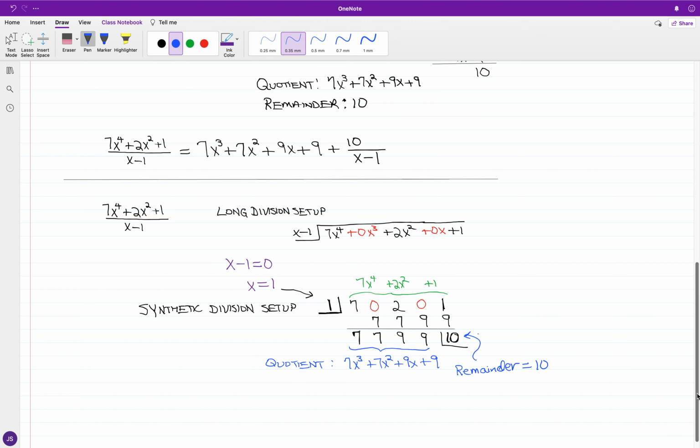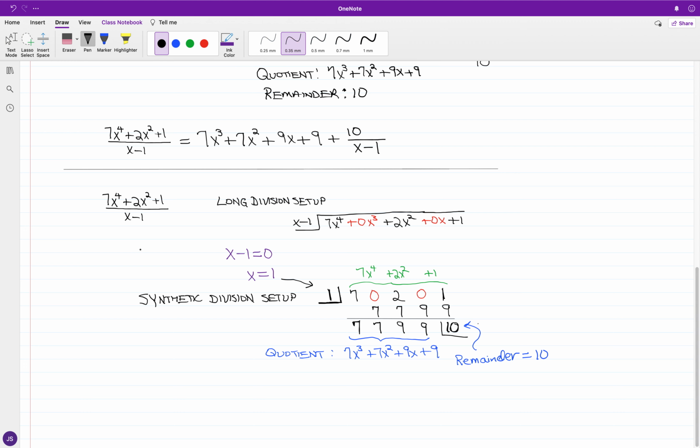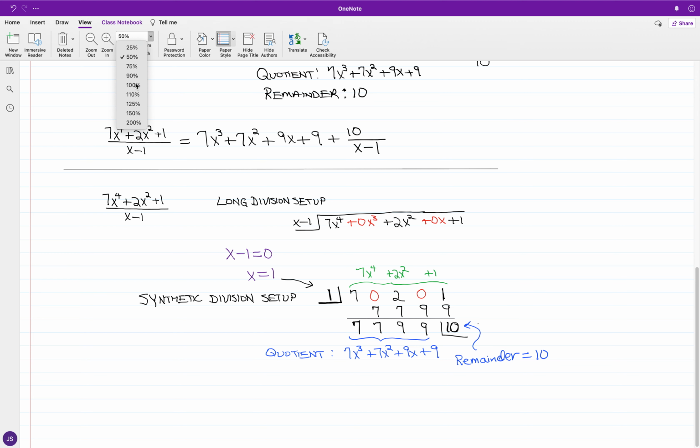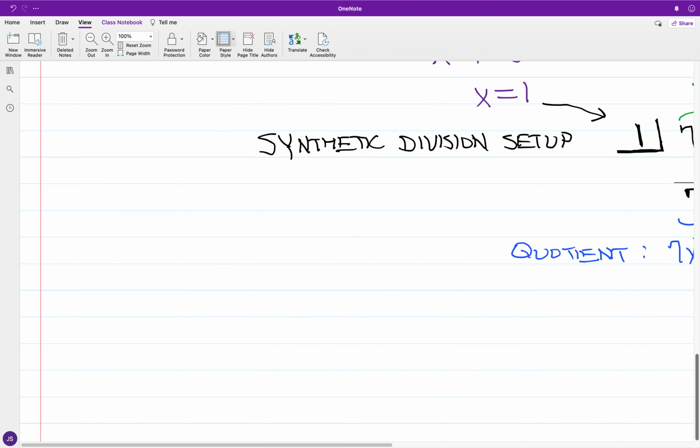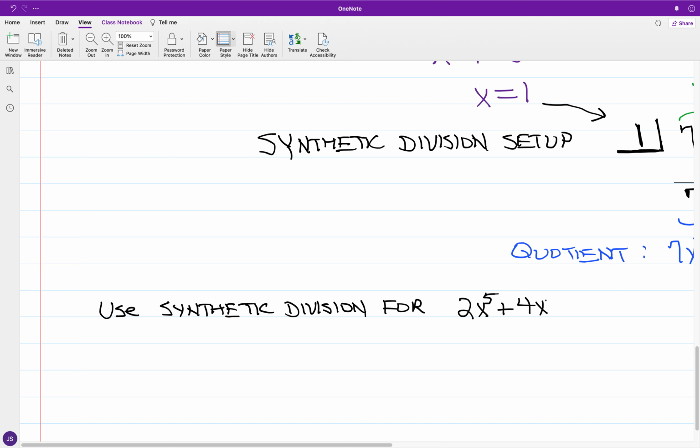Let's say I were to use synthetic division, and in this case we have 2x to the 5th plus 4x cubed, all over x plus 2.